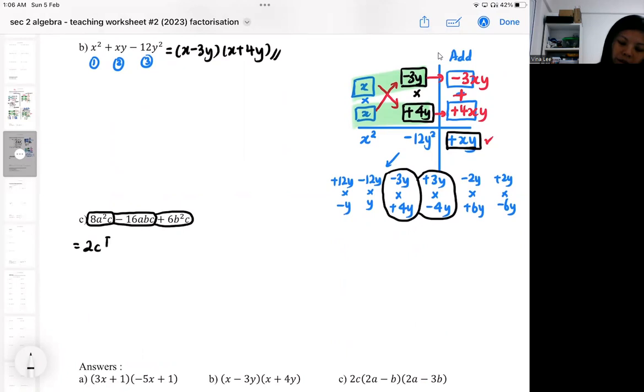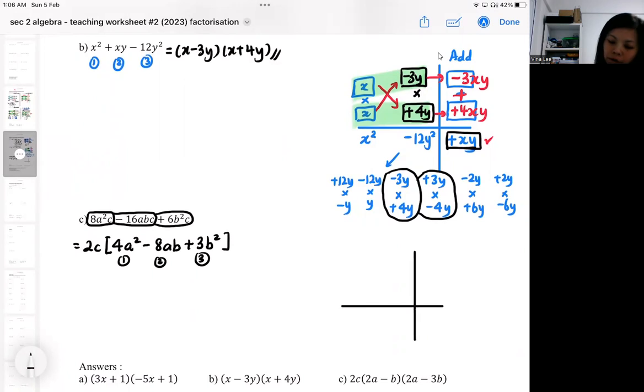So this is where I will take out a common factor first, then that will be my 1, 2, 3.